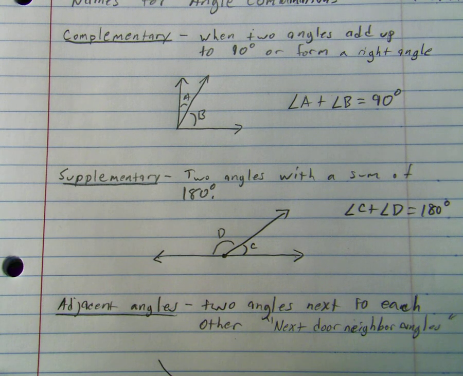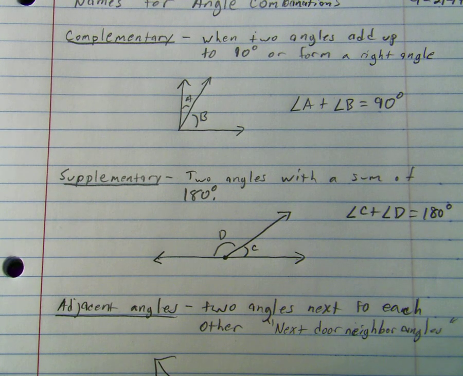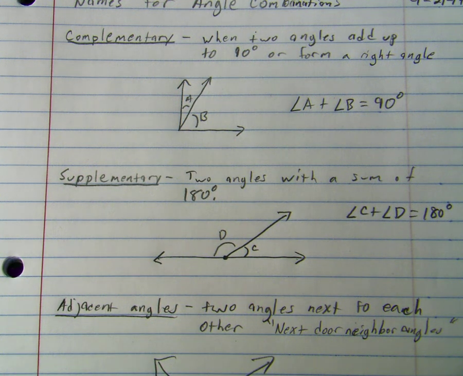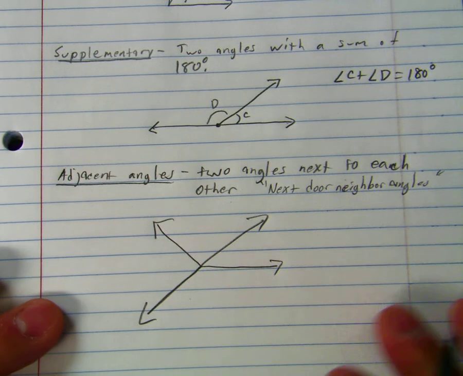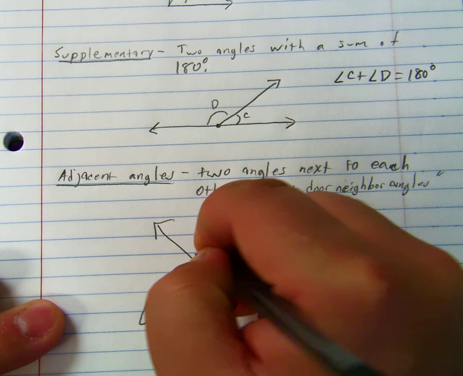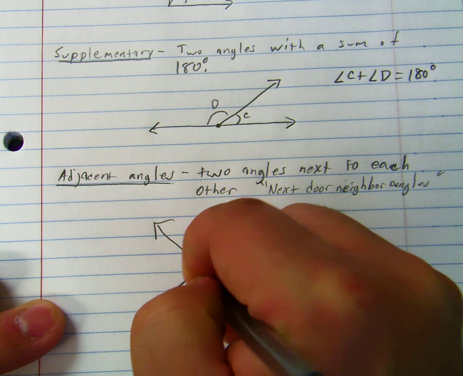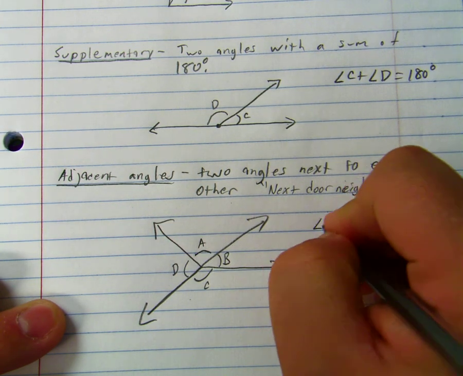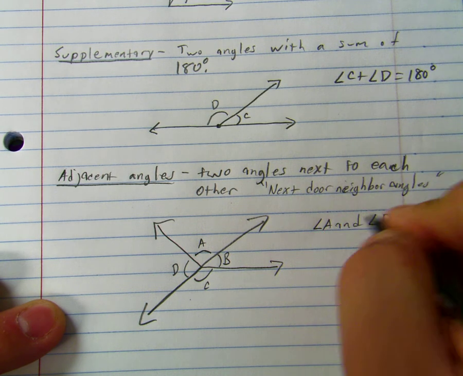So if I have, okay, that's kind of a bad drawing. But I have A, B, C, and D here. You notice that angle A and angle D are next door neighbors.